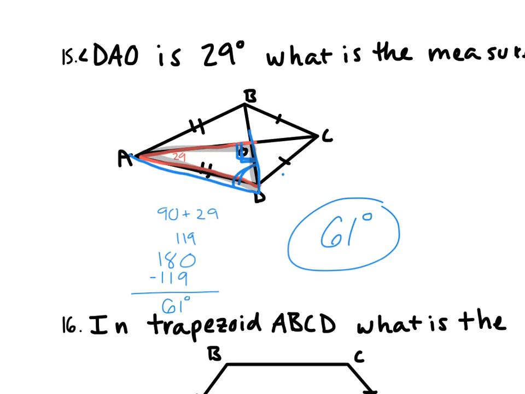A rhombus. A rhombus has perpendicular diagonals too. And what does perpendicular mean? Not bisect. What does perpendicular mean? They intersect at 90 degrees.